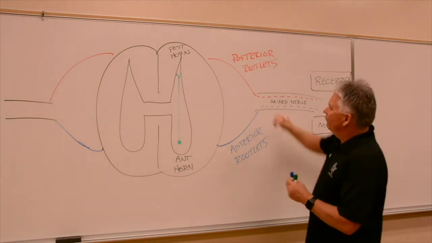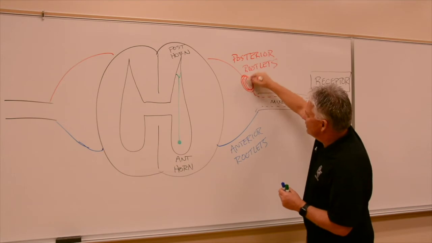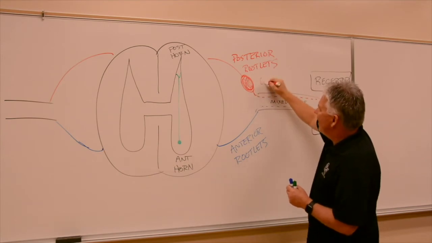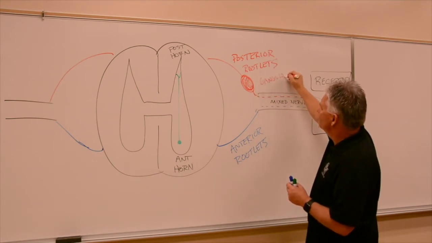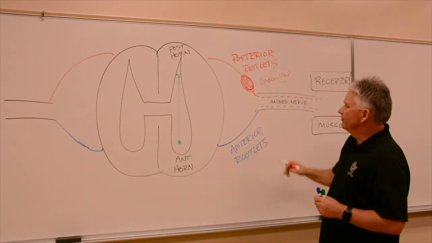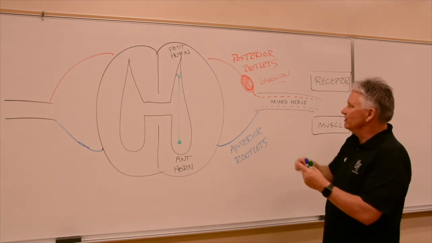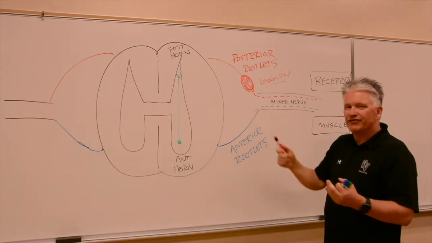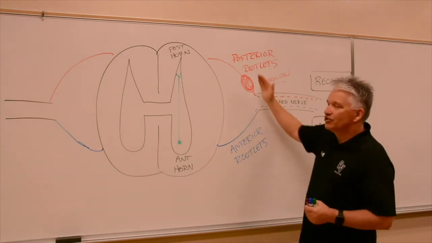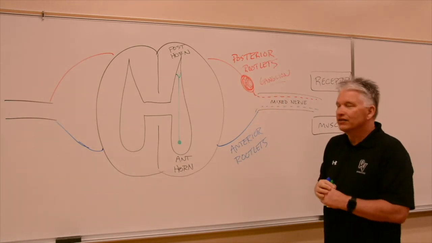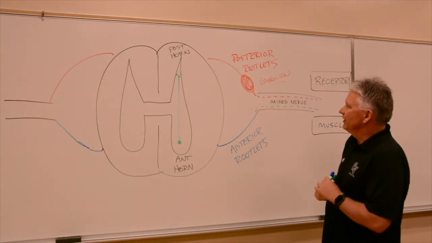And then hopefully we remember there's going to be that swelling, that ganglion, that dorsal root ganglion that we've talked about on the posterior section. So these are going to be that cluster of cell bodies for those sensory axons, those sensory nerves coming in.